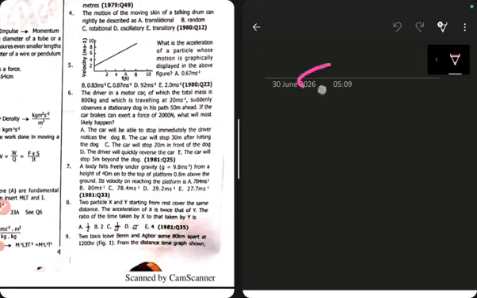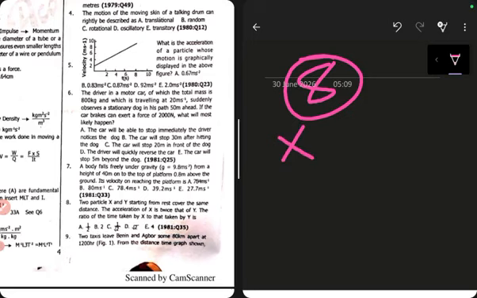Now question 8 says that two particles X and Y, starting from rest, cover the same distance. So let's write particle X here, and then particle Y here.